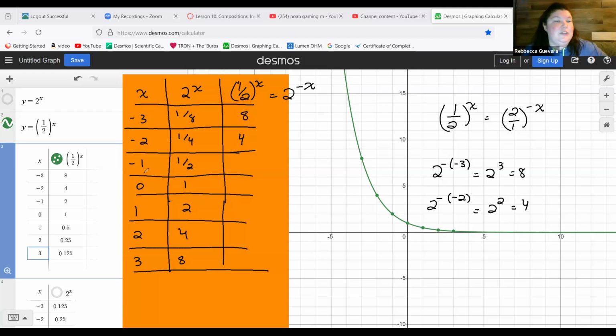If you keep continuing this pattern, then this is going to be 2, and then this is going to be 1. If I put in 1, it's 2 to the -1, so this will be 1/2. If I put in 2, this is 2 to the -2, which is 1/4, and then this will be 1/8. So what we're seeing here is everything's reflecting.